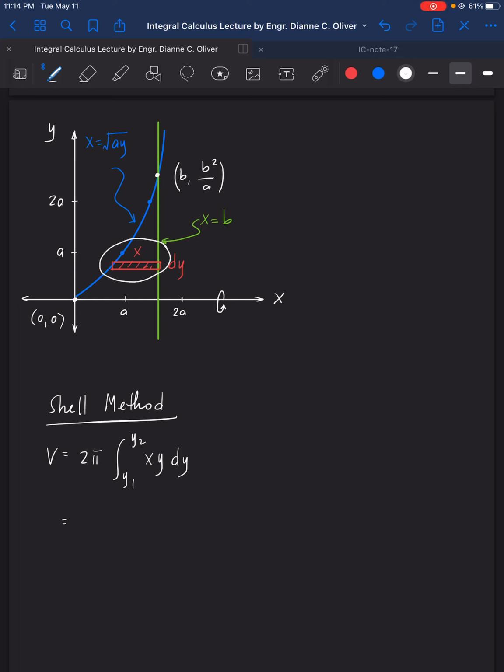X here is x right minus x left. It is connected to the boundary x is equal to b and the curve x is equal to square root of a y. So we will now write this as 2 pi integral of x right minus x left, x right being b minus x left, which is square root of a y, or a y raised to 1/2. Then we have the y.